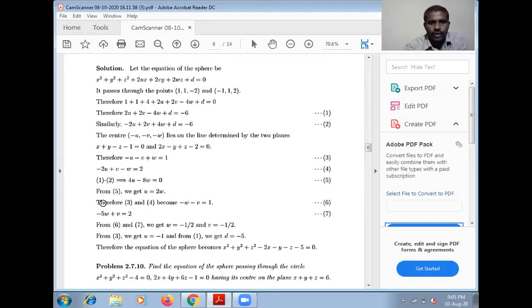So from this equation we get u equal to 2w, since 4u equal to 8w.